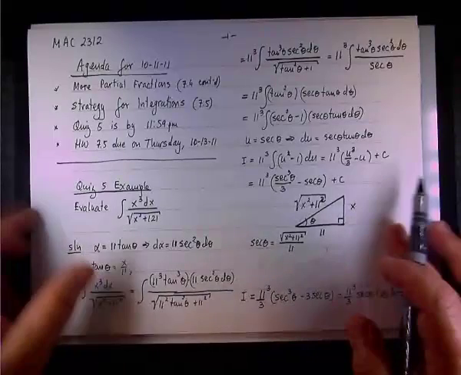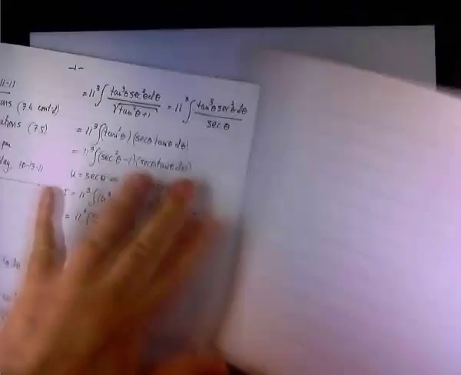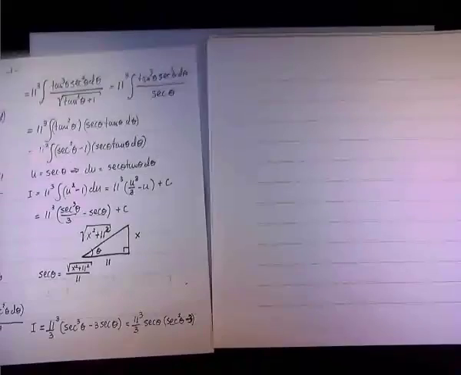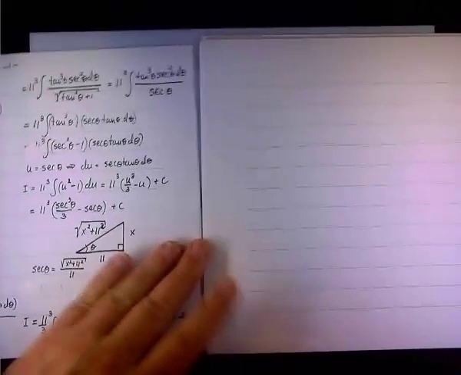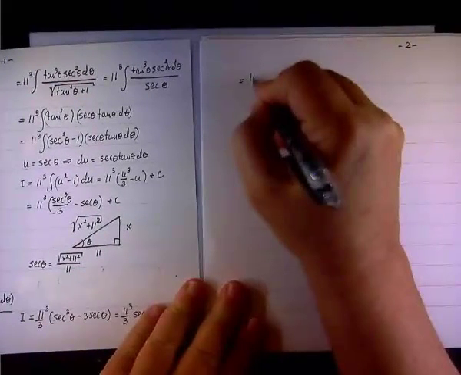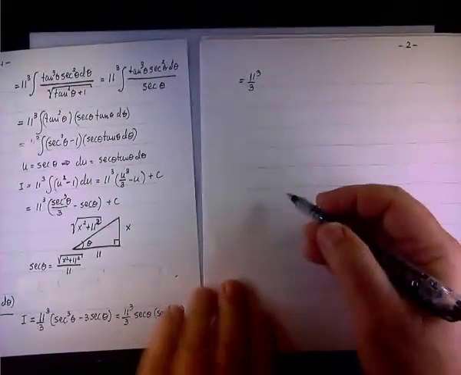It's better because what I intended to do was factor the square root of x squared plus 11 squared over 11, which is the secant, but this is better because it's already factored. So this should be the next step.